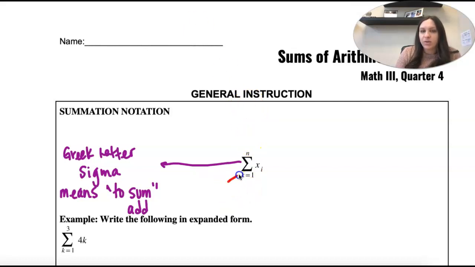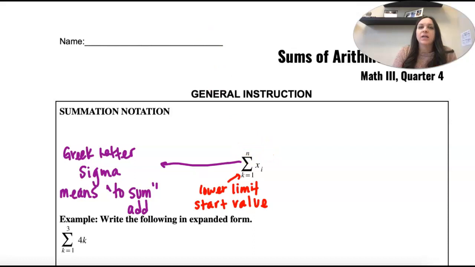So k equals 1. This is called our starting index or our lower limit. So this is our start value at 1. And then n is our high index or our upper limit.